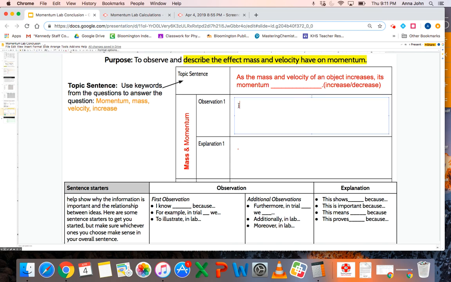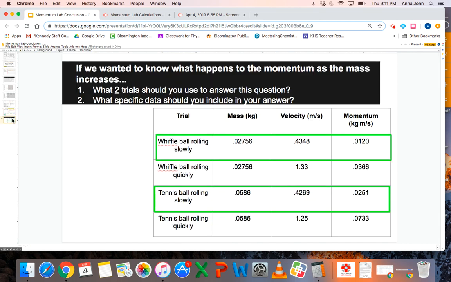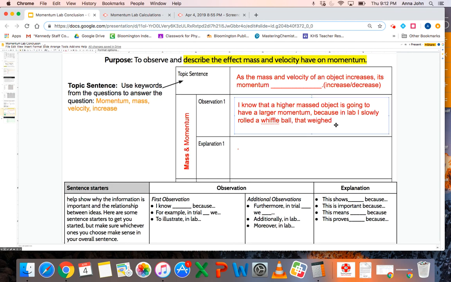I'm going to start with I know, and I know that a higher mass object is going to have a larger momentum, because in lab, I slowly rolled a wiffle ball that weighed, how much did my wiffle ball weigh? 0.0257 kilograms.